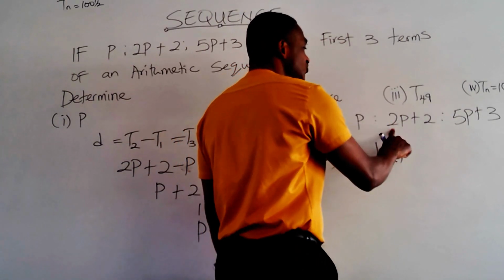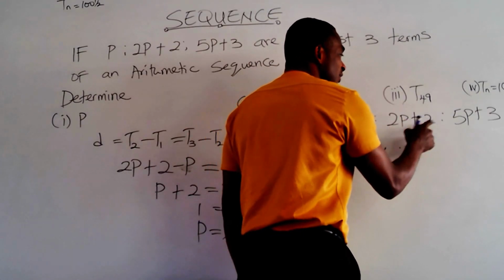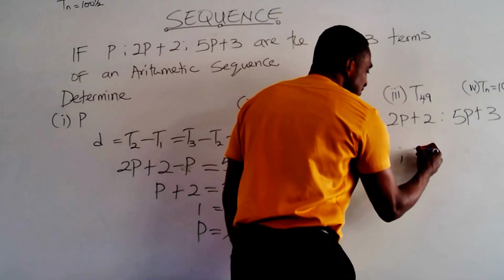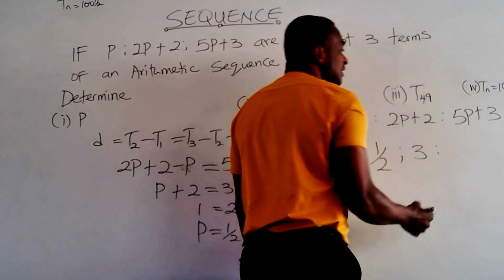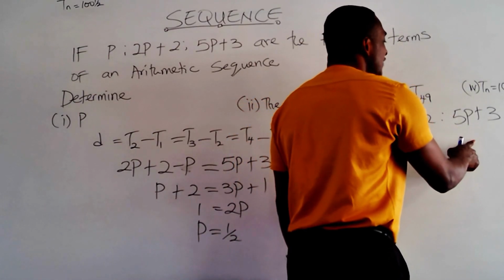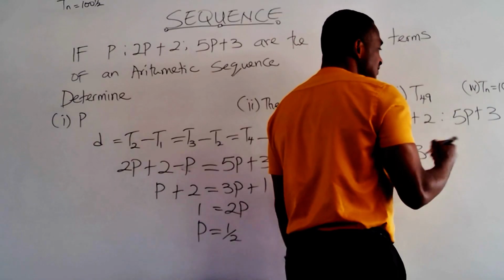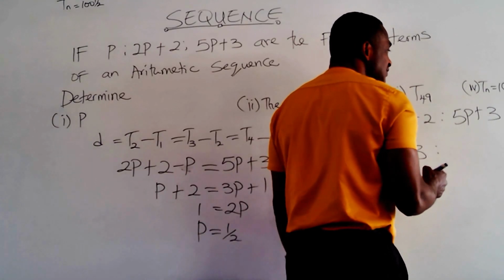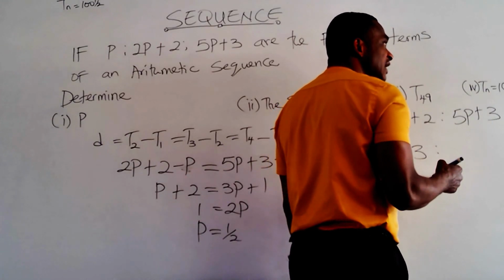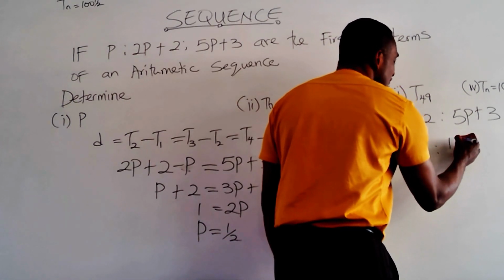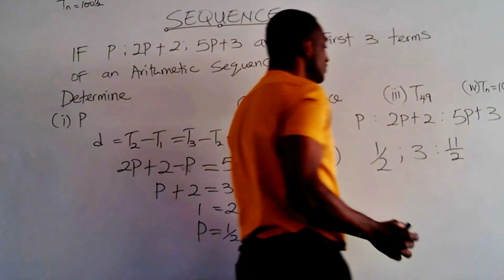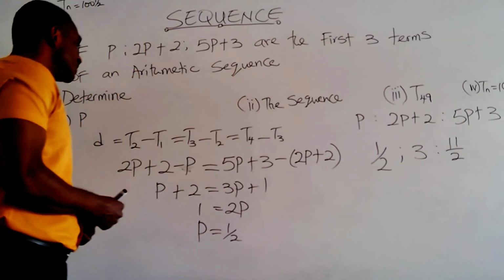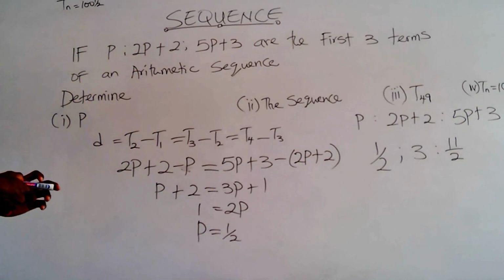Our second term is 2 times half, which is 1, plus 2 is 3. Our third term is 5 times half, which is 5 over 2, plus 3. 5 over 2 is 2.5, plus 3 is 5.5, which is 11 over 2.